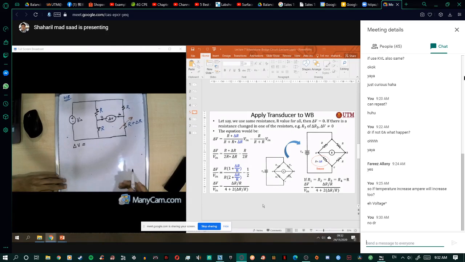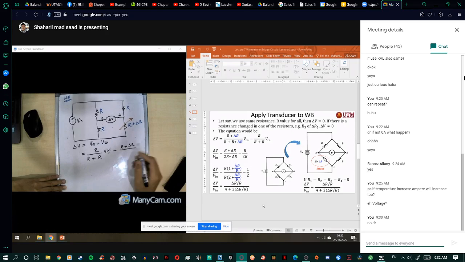You will use the same concept as before. Delta V is equal to VA minus VB here. So now you will get the voltage at this one: R divided by R plus R, times V in. Minus R plus delta R, divided by R plus delta R plus R, then times V in.